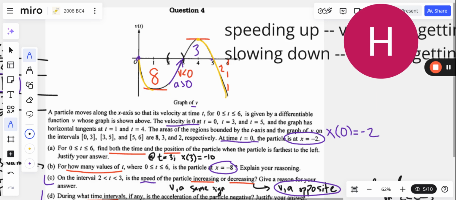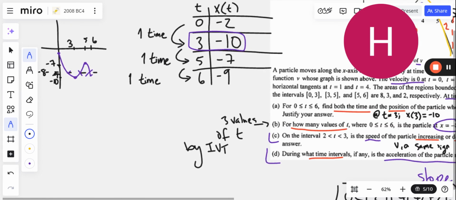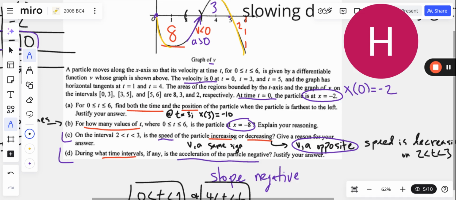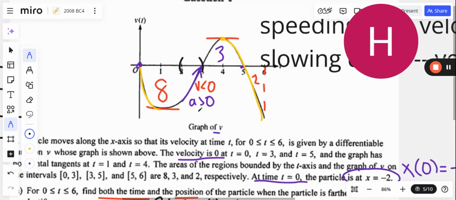Make sure that the negative ones below the x-axis are used as negatives. And the acceleration as well is the slope of the velocity, therefore the slope of this graph, all right? So pretty easy, just had to use the IVT, didn't have to even take a derivative or take an antiderivative.